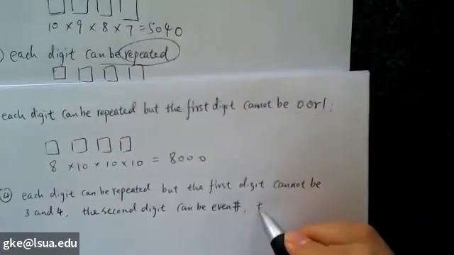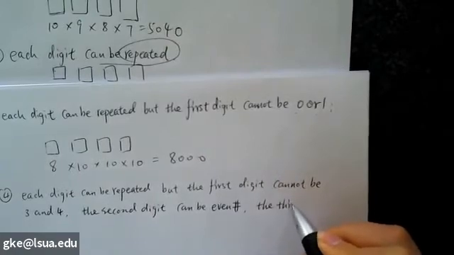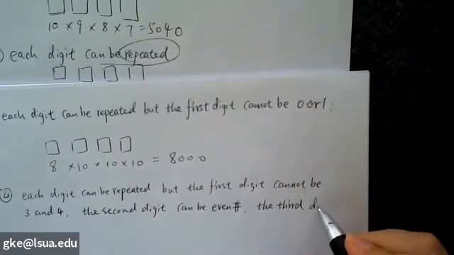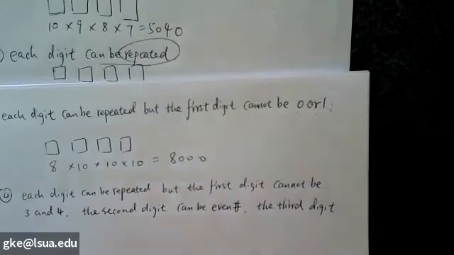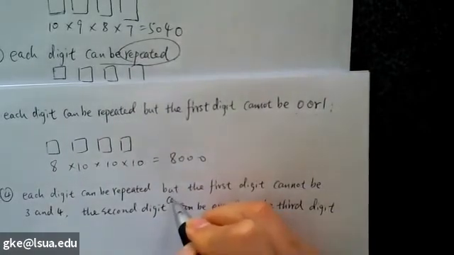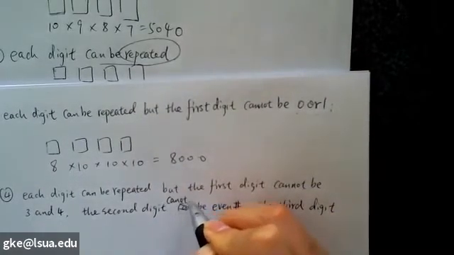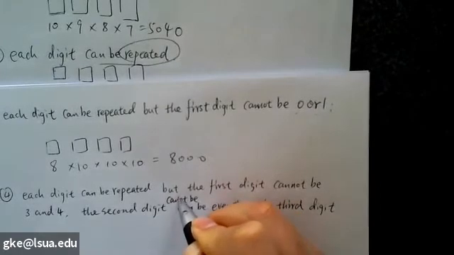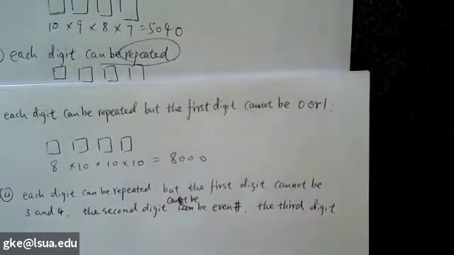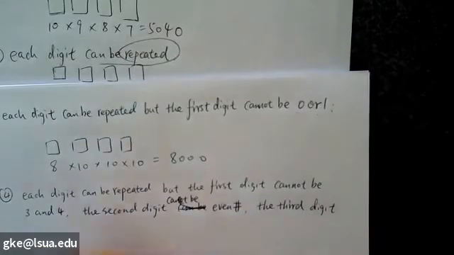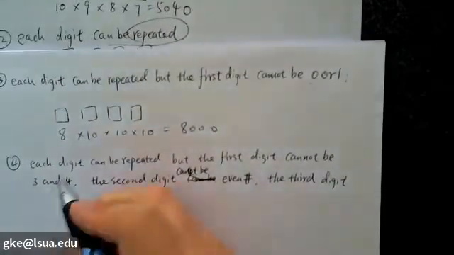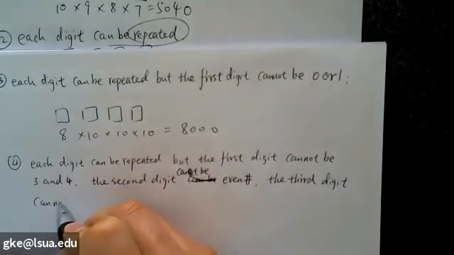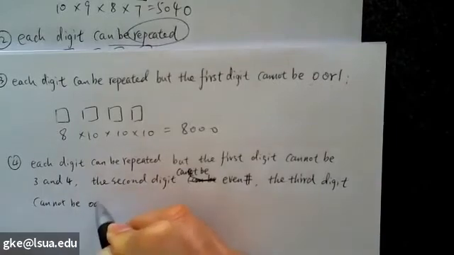The third digit cannot be an odd number.